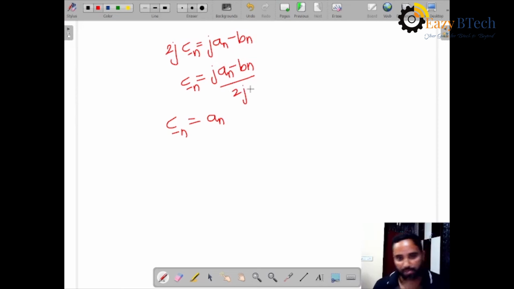So 1 by j is minus j, you can take 1 by j is minus j. C minus n is equal to, I am simplifying this. If you take j common in the numerator, so An minus Bn by j.